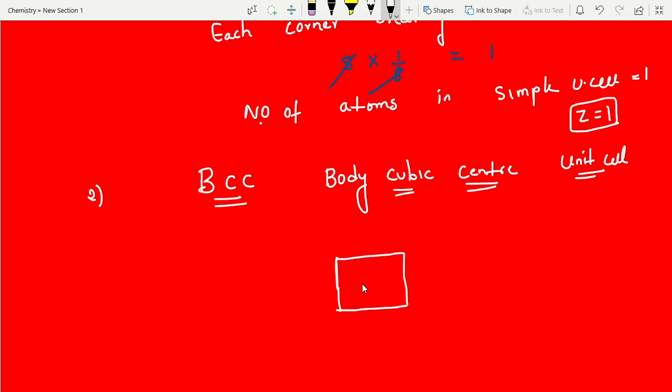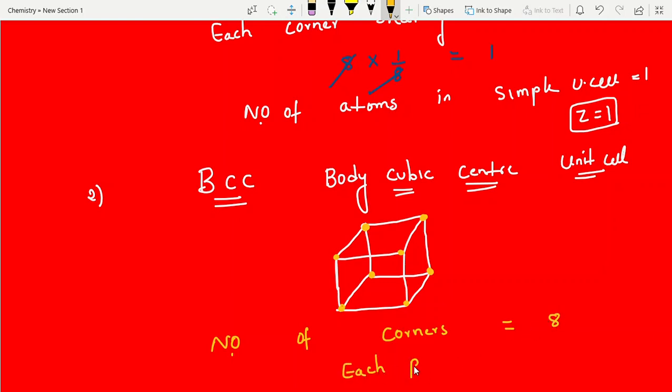See here: any centered cell, FCC, BCC, edge center, whatever it may be, first satisfies primitive, meaning particles are present at each corner, same as the above case. 1, 2, 3, 4, 5, 6, 7, 8: number of corners equal to 8.